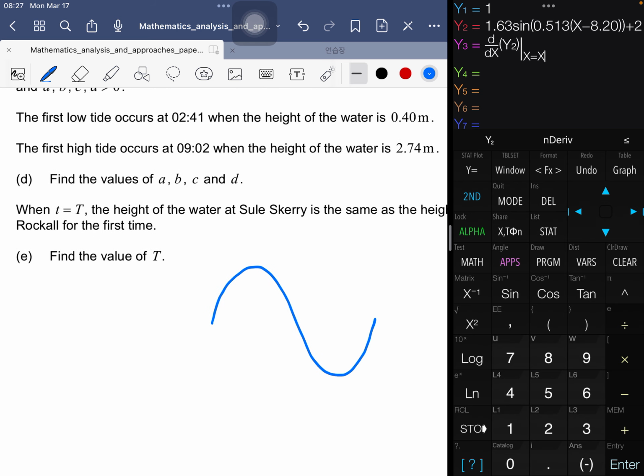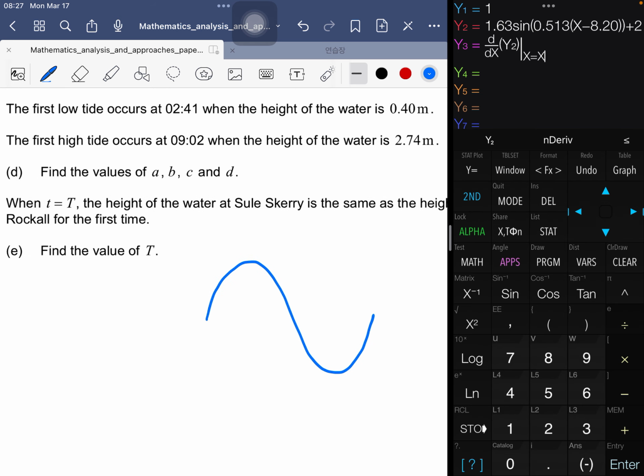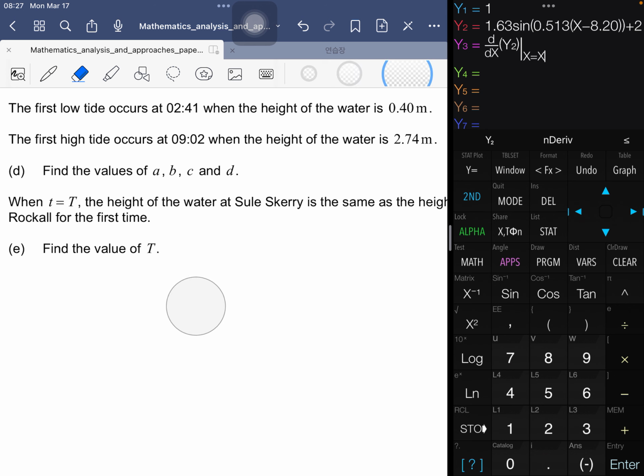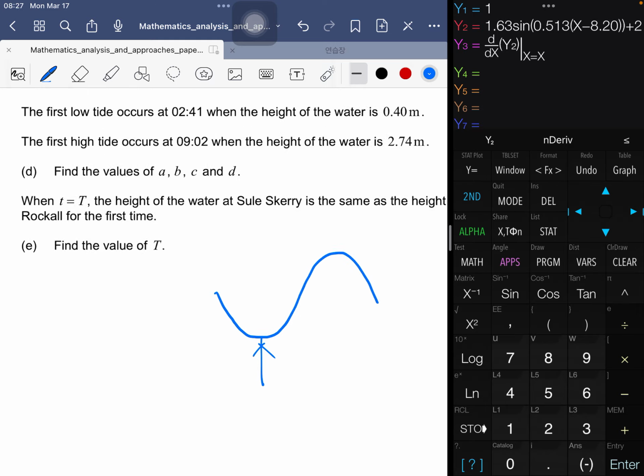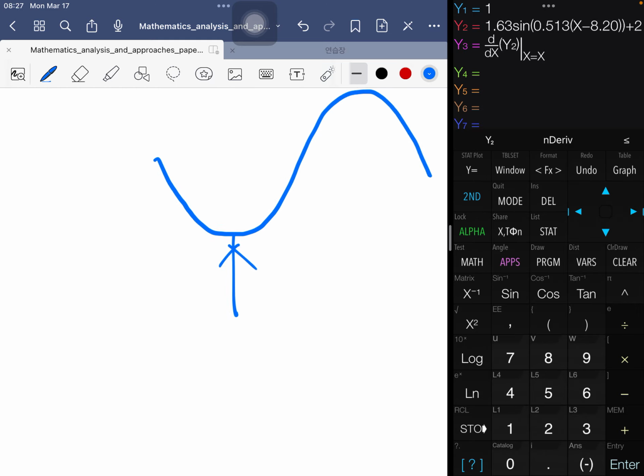And then the first low tide. Oh, it starts from first low tide to first high tide. So we can pretty much draw like this. Doesn't matter, right? So the first low tide over here occurs at 0241.